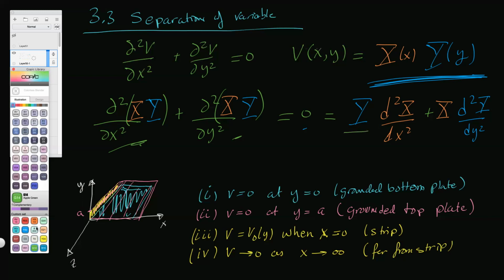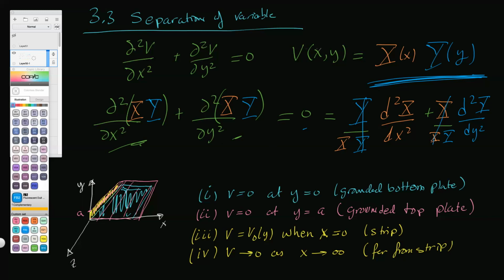Over here we're going to have X, Y, and over here we're going to have X, Y as well. Notice that this cancels out here, and this cancels out here.